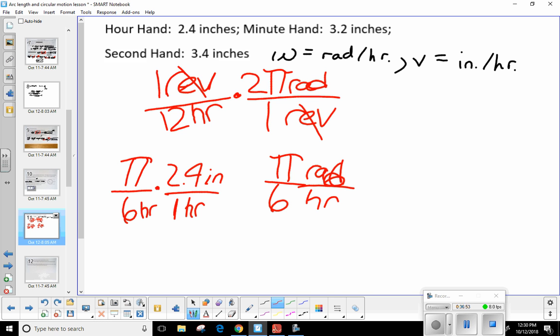Okay, that's exactly right. 1.25 what? Now radians per hour. Remember how long was the hand in what? Inches per hour. That's exactly right. There you go. Perfect.